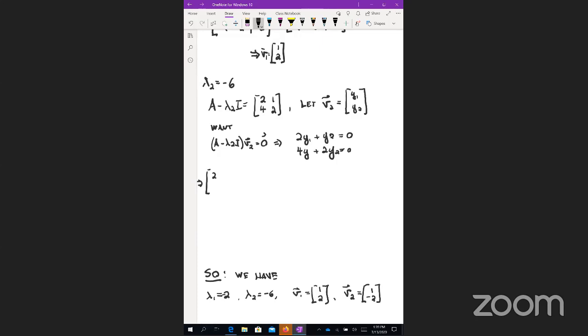So we've got 2, 1, 4, 2 is equal to 0, 0. And then we just do all of our steps like you would do. So we're going to subtract 2 times the first line off the second line, right? Just do it all in the augmented matrix. So basically, it's just to not have to write y a bunch of times. But so we subtract 2 times the first line off the second line. Great, 0, 0, 0, 0. And if these were not 0 and 0, if they were 1 and 4, then we would do the same thing on the other side.